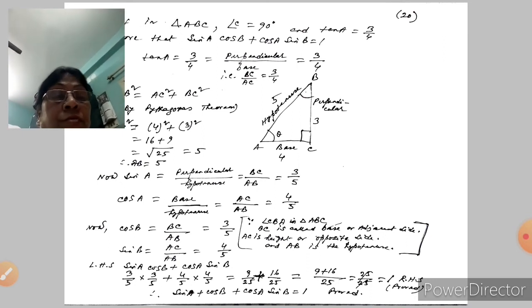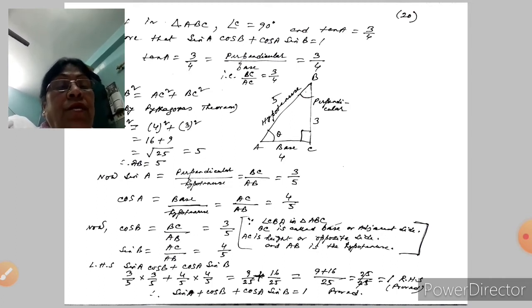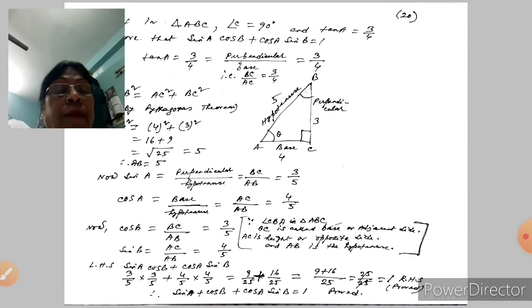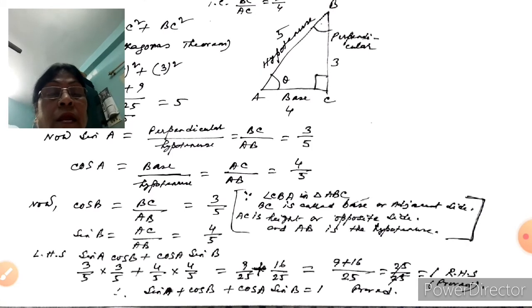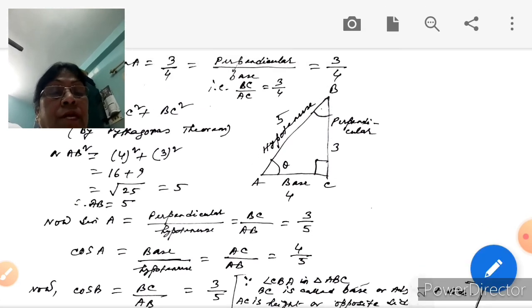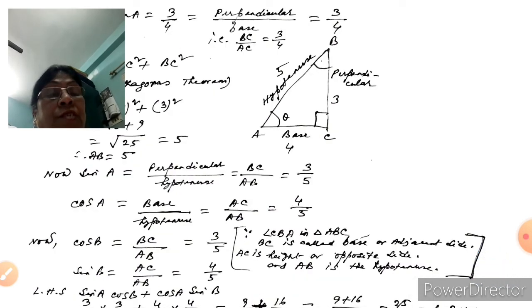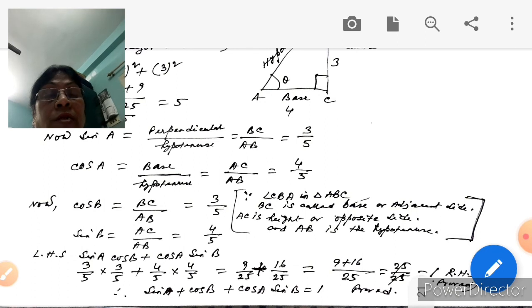AB will be the hypotenuse, and the opposite side will be the perpendicular or height. So, cos B is equal to base by hypotenuse.